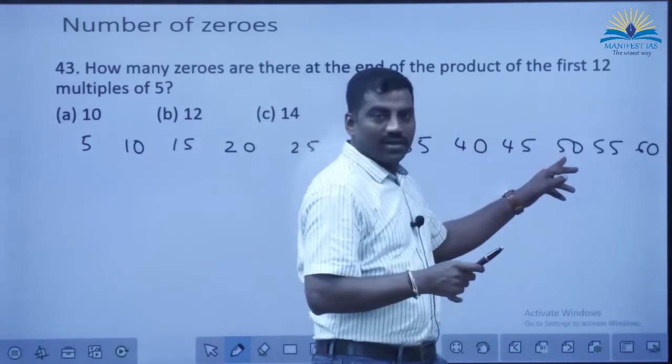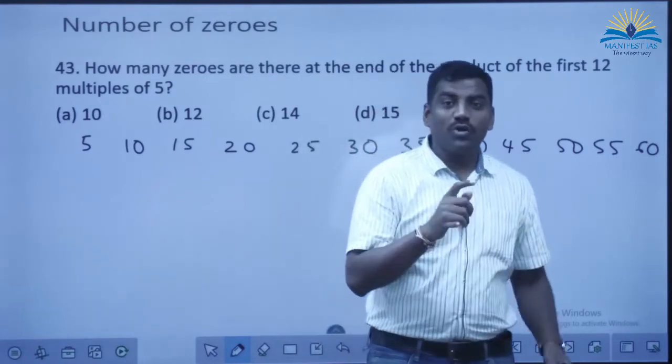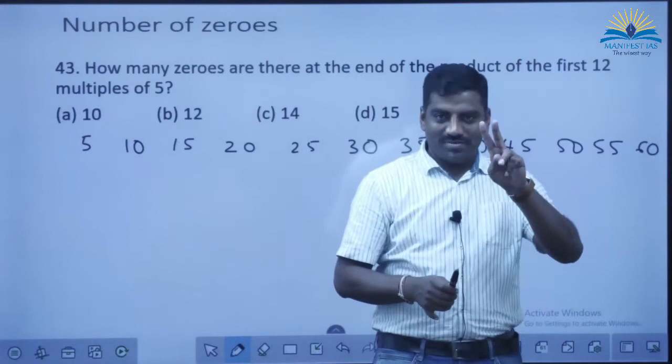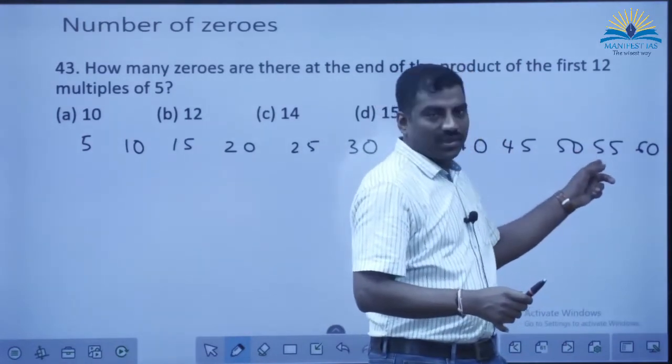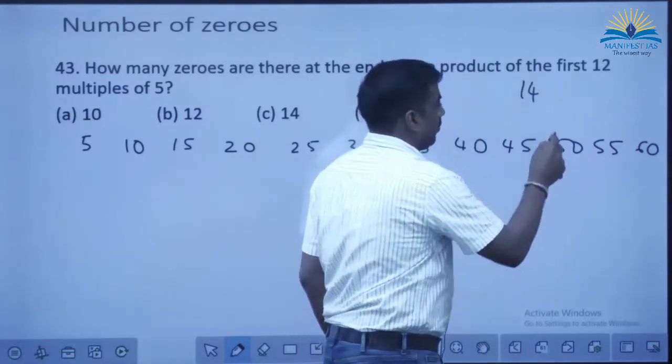In 50, how do you write? 2 into 5 into 5. So 12, 13, 14. So totally 14 fives are there.